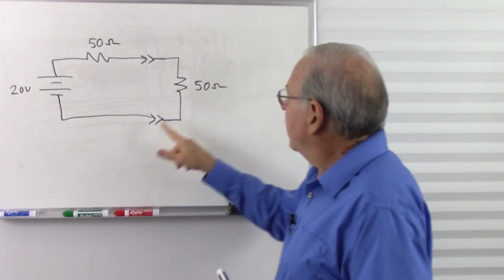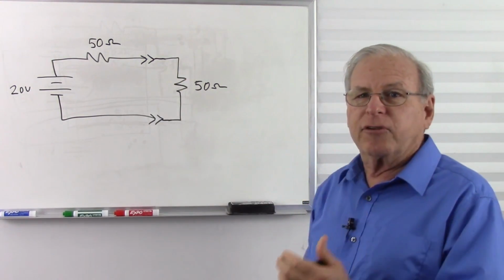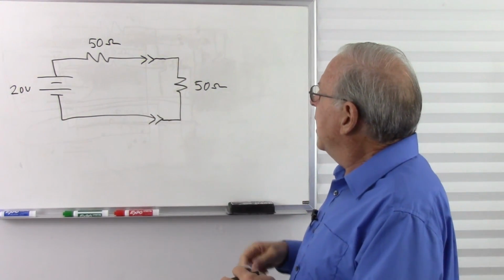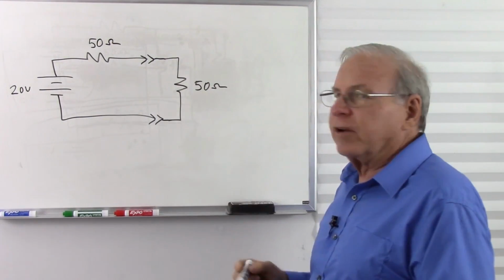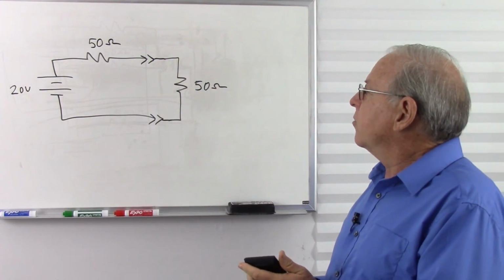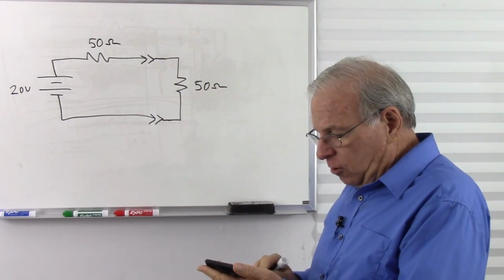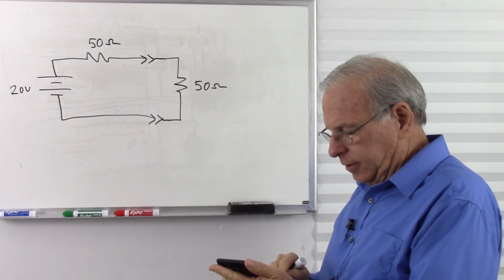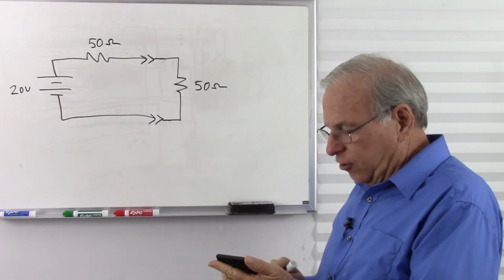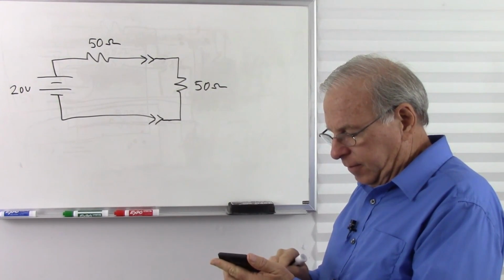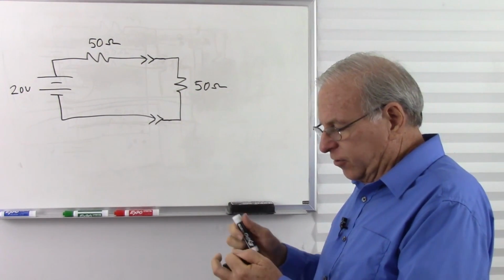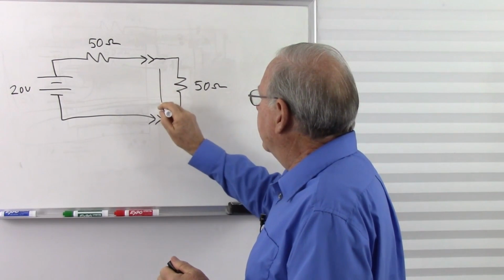So we have 20 volts there, 50 ohms, 50 ohms. I'll use my trusty calculator to get these numbers. Let's see how much power we're going to develop across this resistor. So we have 50 ohms, that's 100 ohms, and we're going to divide that into our 20 volts. That's going to give us 200 milliamps.